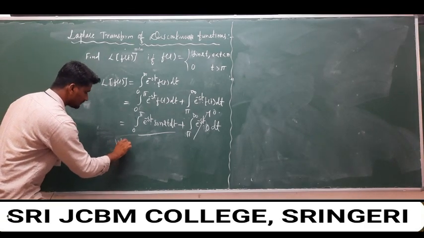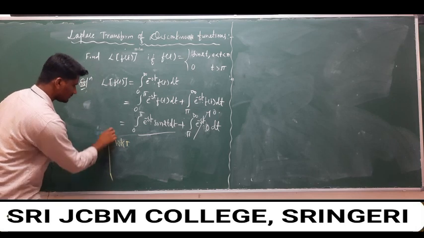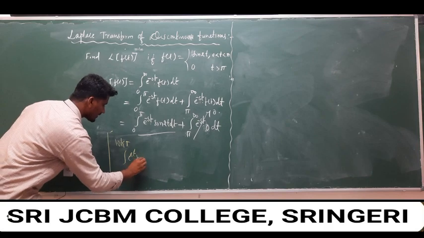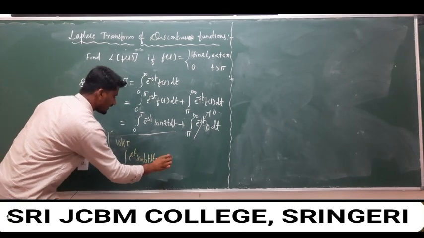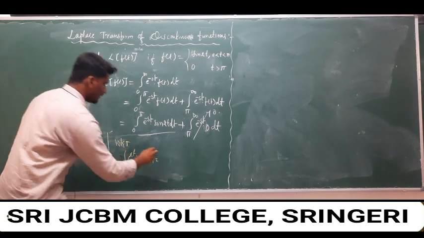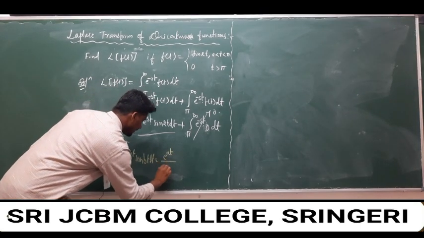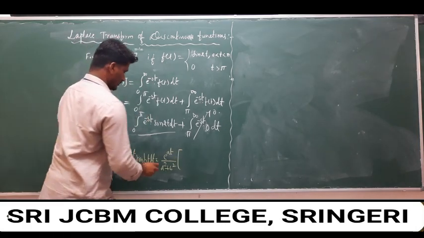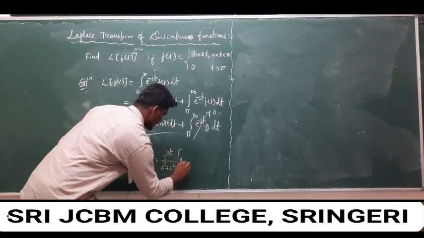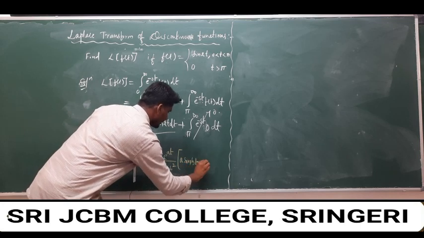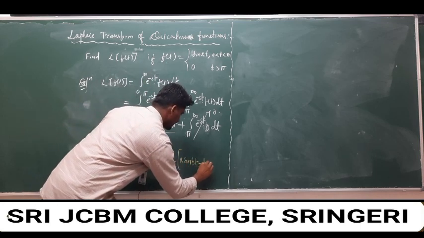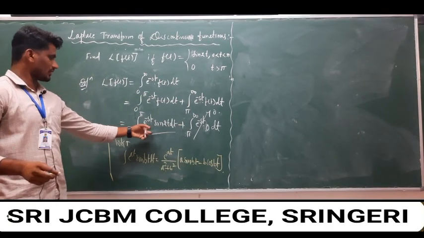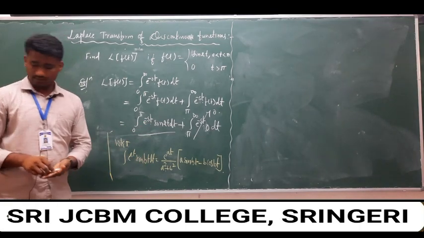We know that the integration of e^(at) sin bt dt is the standard formula: e^(at) over a squared plus b squared, times a sin bt minus b cos bt. So apply this formula to the above condition and we definitely get the solution.